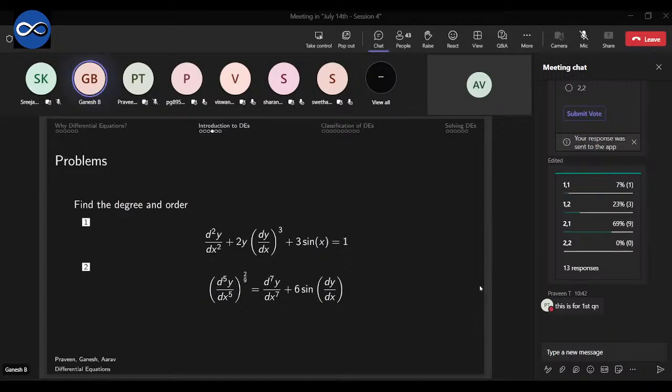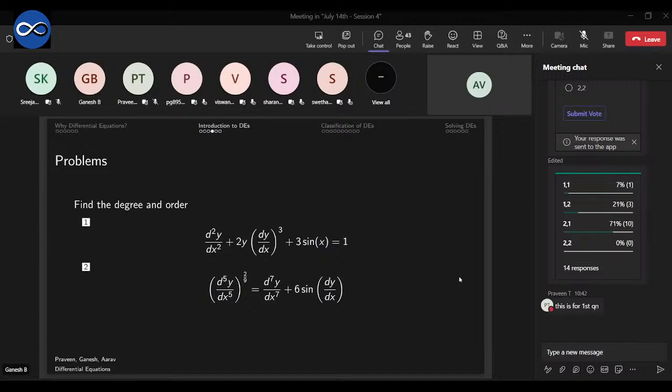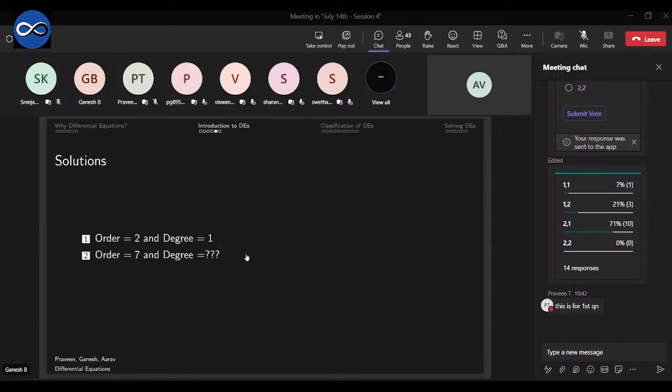A lot of people are going for the third option. A couple of them are going for the second as well. I think the first one should be pretty obvious. Okay, I'll talk about the solution.